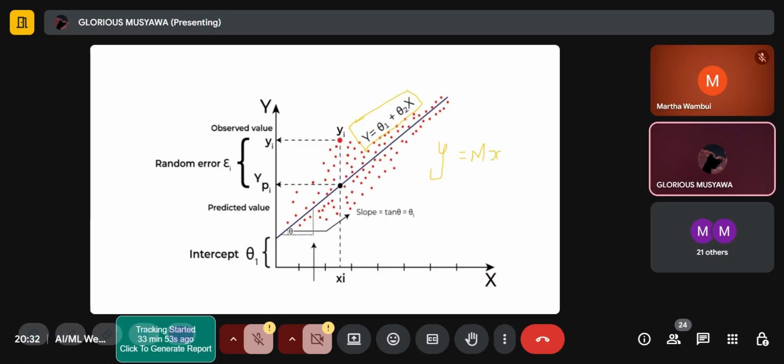Some use b plus c. And we know that m is the slope, x is the change in the x-axis, and c is the intercept, the y-intercept. Also, when we were doing geometry and such things, we learned a lot about the baseline of it, especially when you are dealing with graphs.